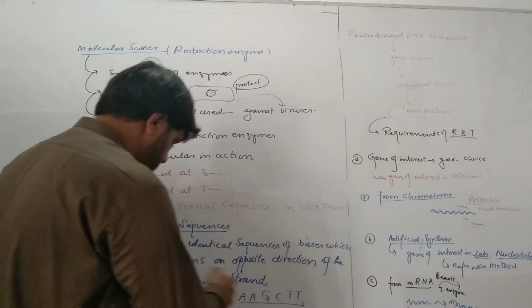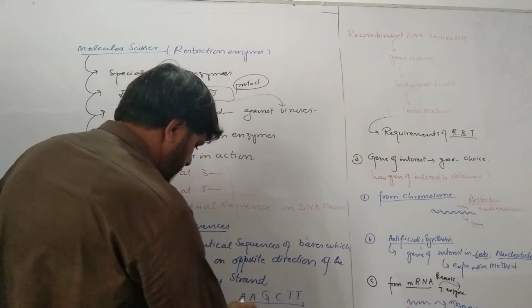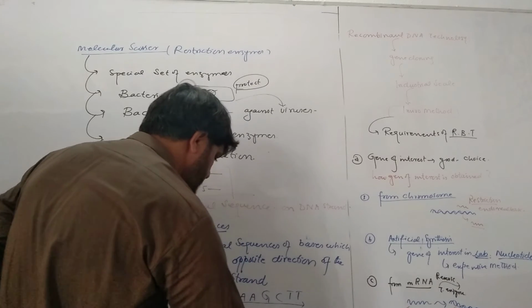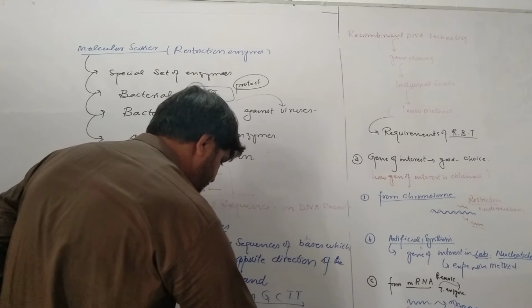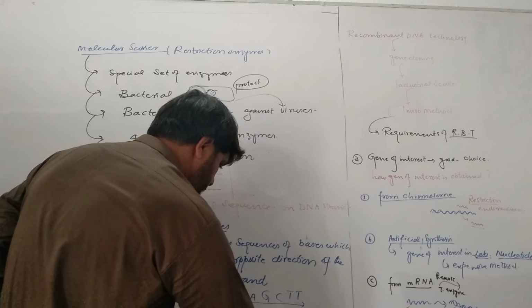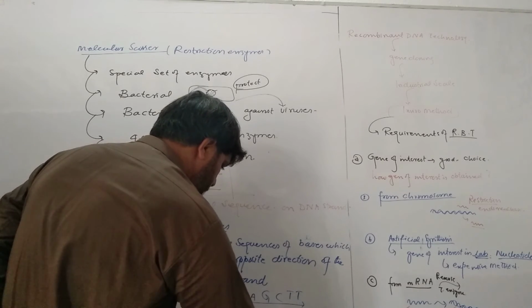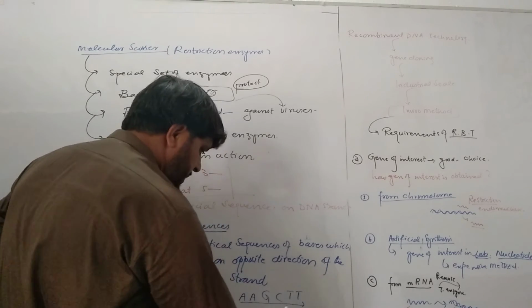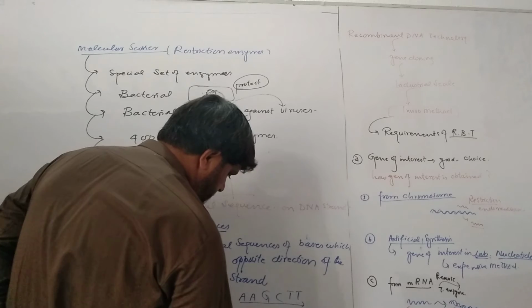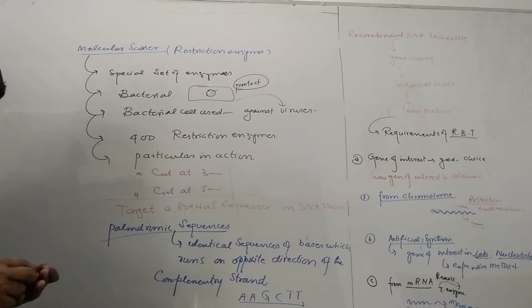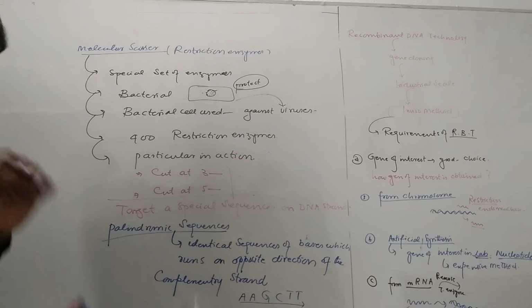The opposite sequence of these bases is AAGCT, and this sequence runs in the opposite direction. Then these sequences are called palindromic sequences.